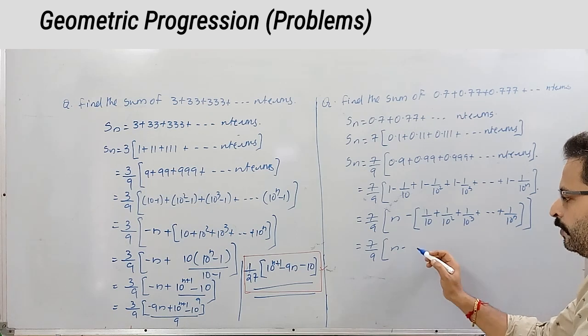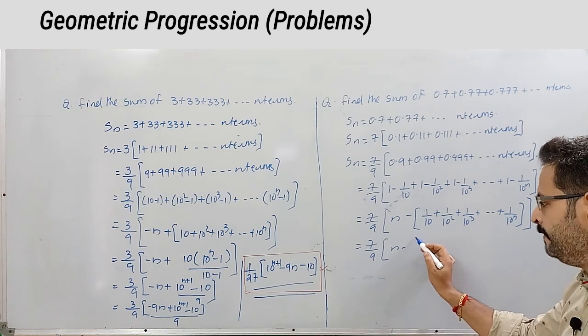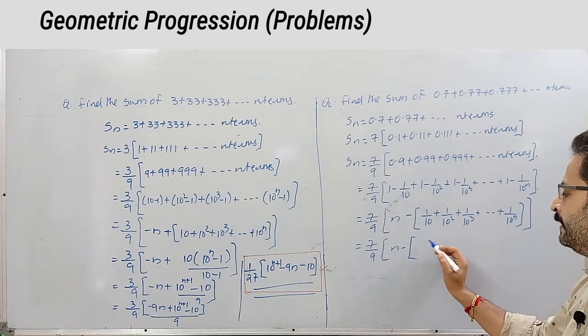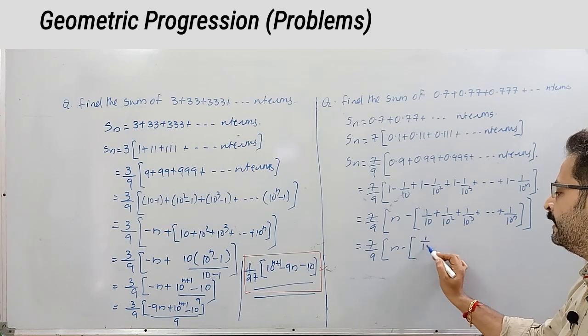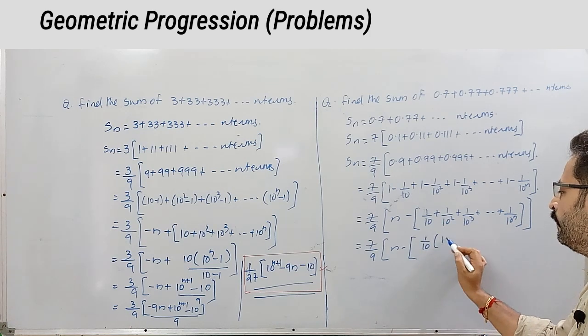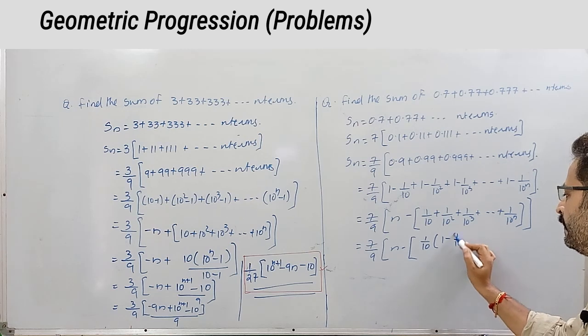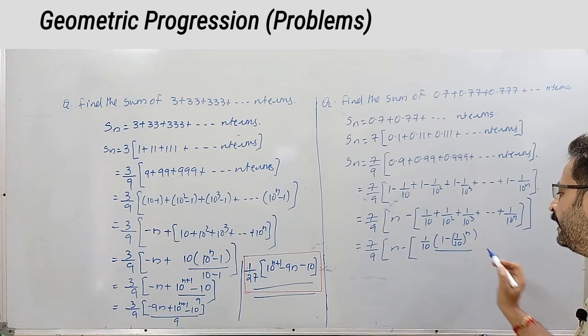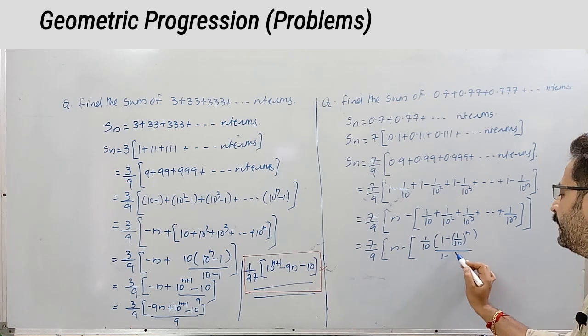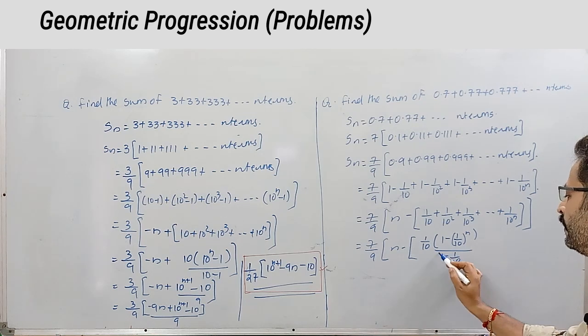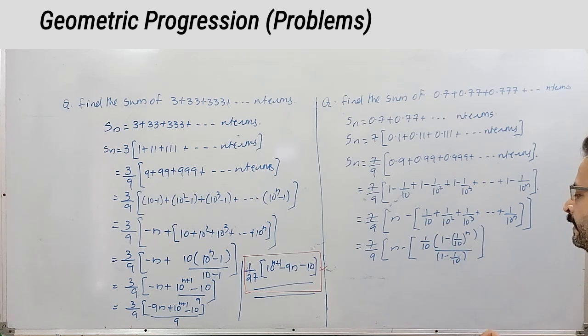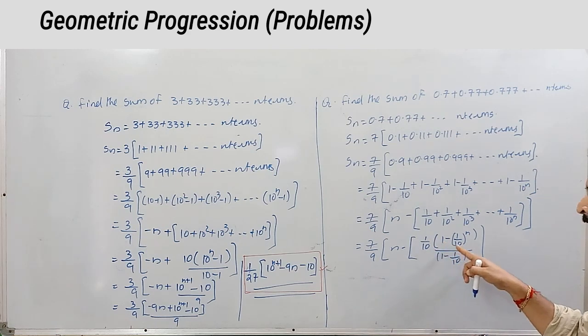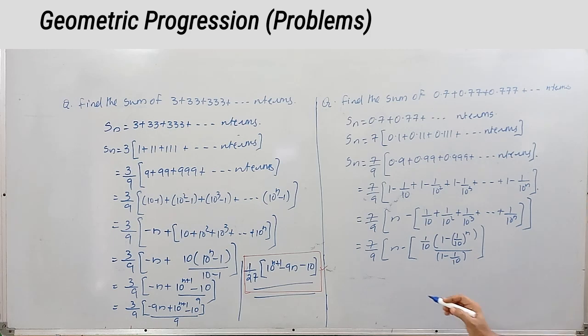Then using the second formula, sum of n terms of GP is a into 1 minus r raised to n divided by 1 minus r. So that means 1 by 10 into 1 minus 1 by 10 the whole raised to n, the whole divided by 1 minus 1 by 10.